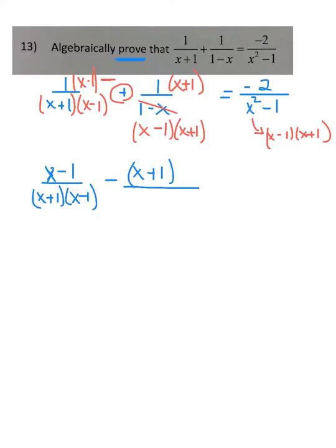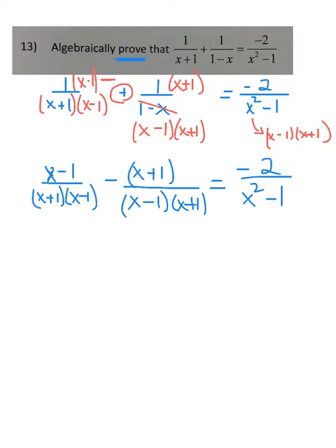Okay, let's write this common denominator then. So I've got x minus 1 and x plus 1 equals. Now remember, when we're proving, we have to leave one side of this equal sign exactly the same, so we can't touch anything. So I'm going to write this denominator as x squared minus 1. But remember, I am smart, and I know that x squared minus 1 really is x minus 1 times x plus 1.